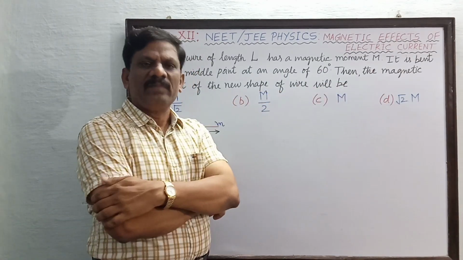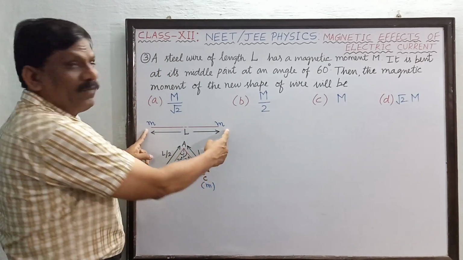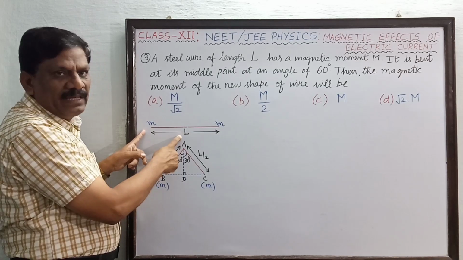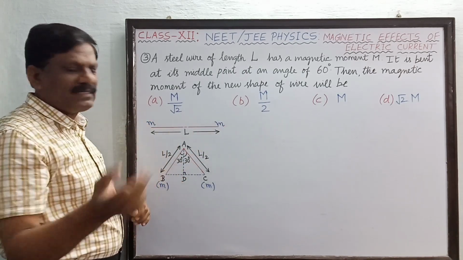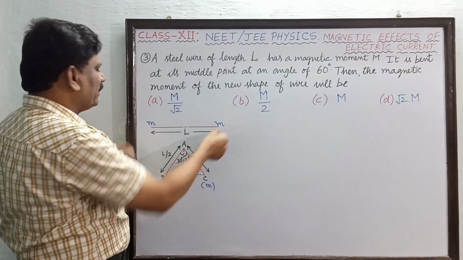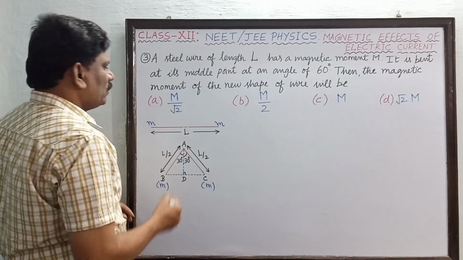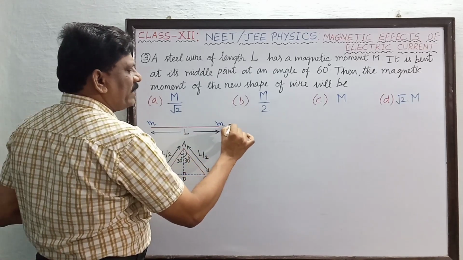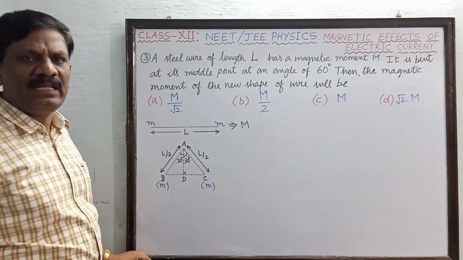Very interesting problem again. Let us consider this is a steel wire of length L. It is having a magnetic moment, and also let us say that the pole strength at the two ends is small m. So in the first case, let capital M be its magnetic moment.